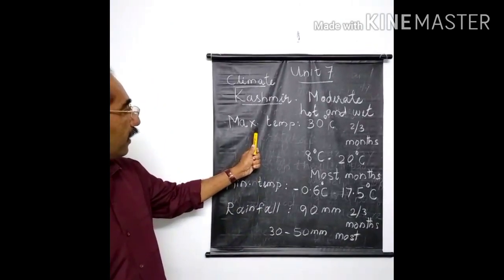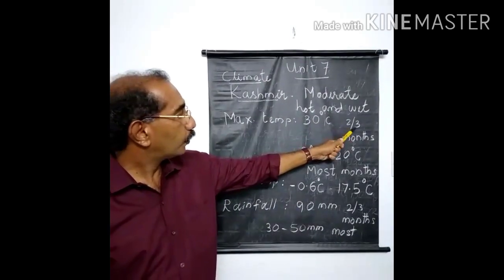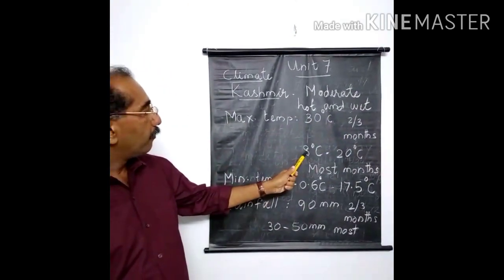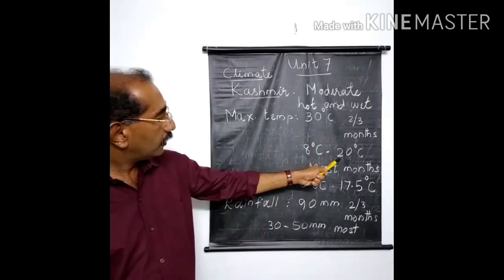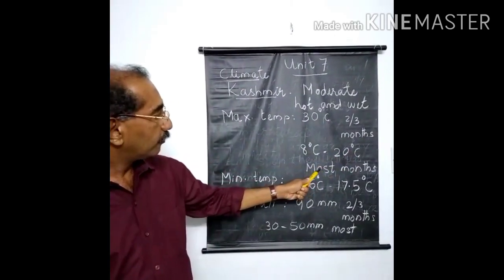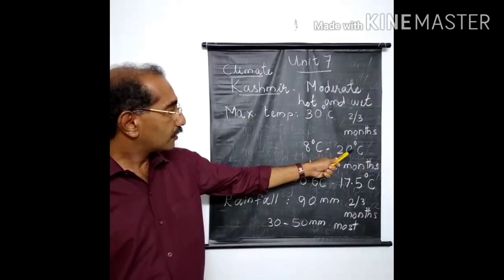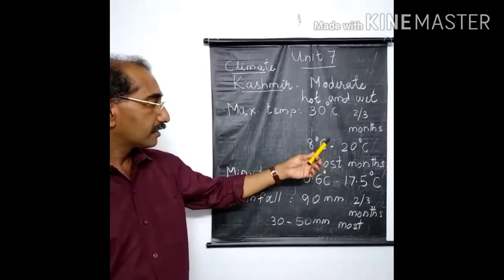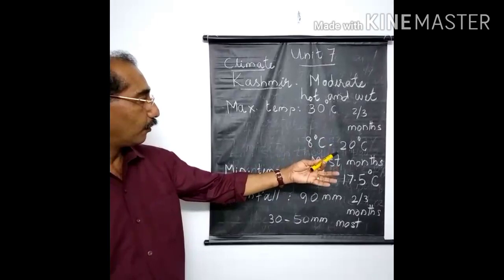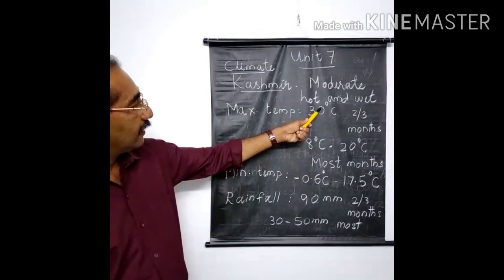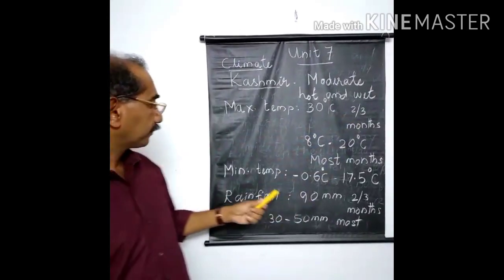The maximum temperature is 30 degrees Celsius in 2 or 3 months. 8 degrees Celsius to 20 degrees Celsius is the temperature in most of the months. Some months it may be 20, some months it may be 8, or between 8 and 20, maybe 10 or 15. But 30 degrees Celsius high temperature remains only for 2 or 3 months.